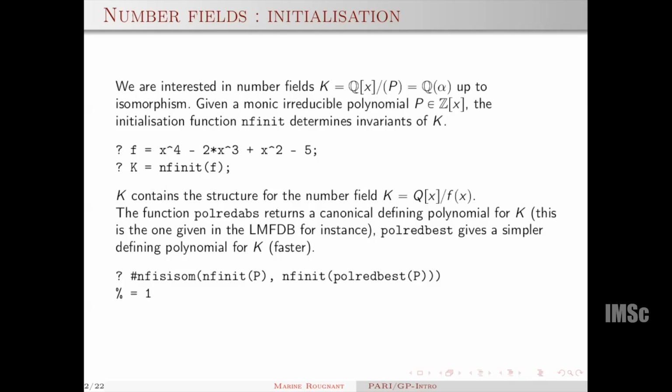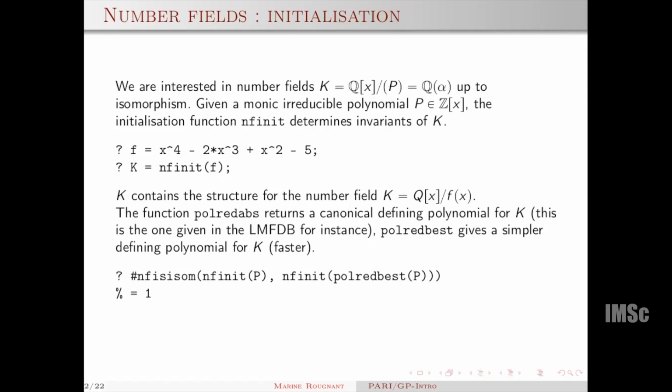You can have easy access to something inside. We'll do that later. I told you yesterday that you have some function called polredabs, and also called polredbest, that permits you to find a better polynomial to define your field.